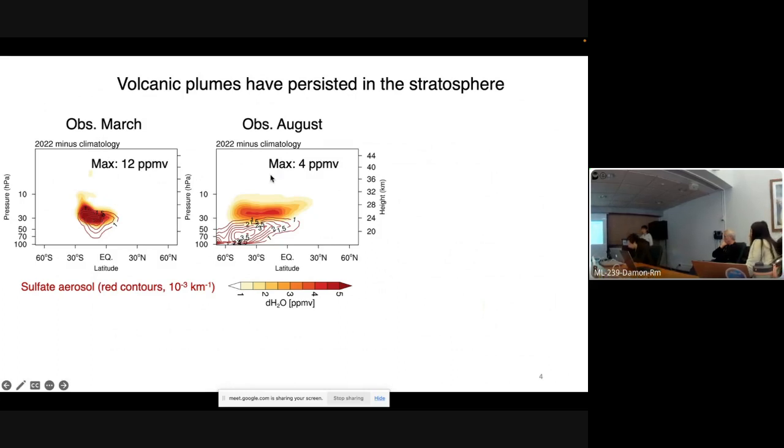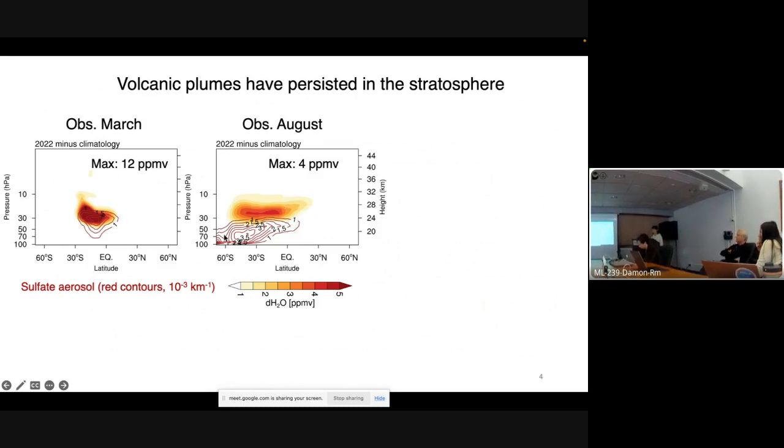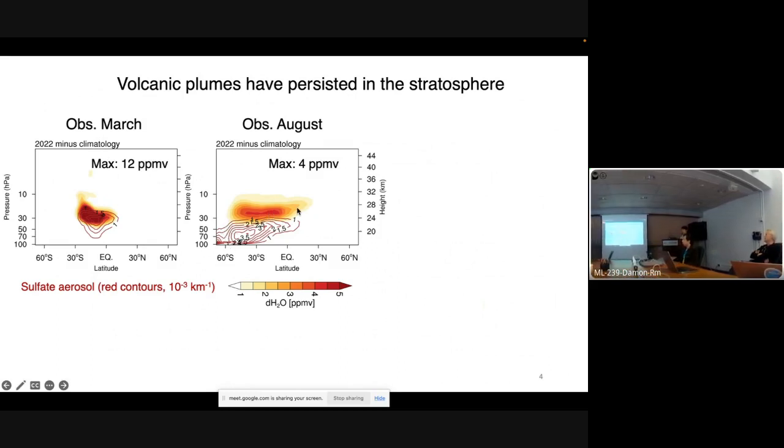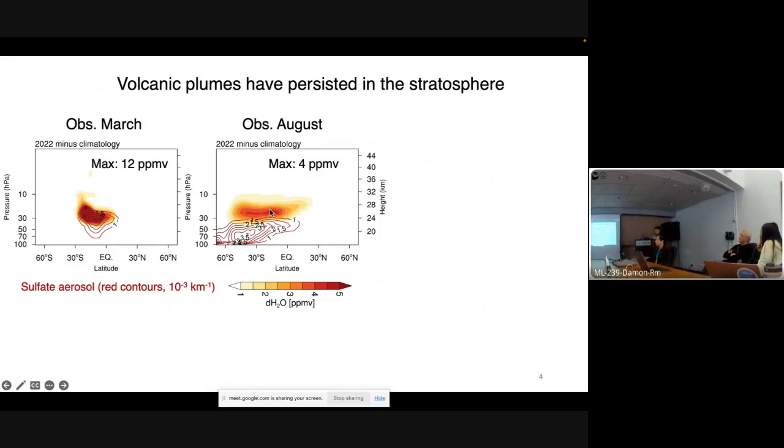But in August, in the middle panel, you see the sulfate aerosol has descended to the lower stratosphere and mixed into the polar region. Meanwhile, the water vapor plume was still centered around 20 hectopascal, and you can see that it was excluded from the polar vortex.